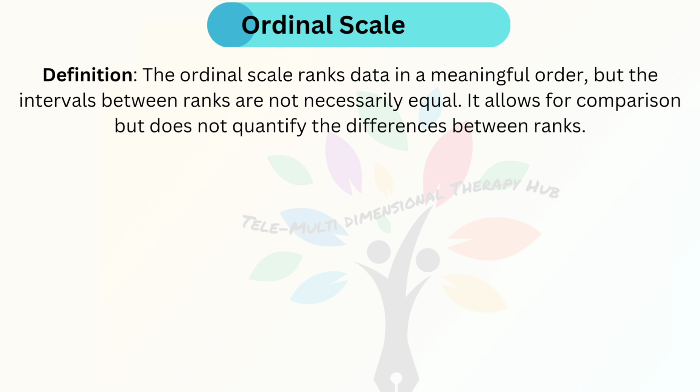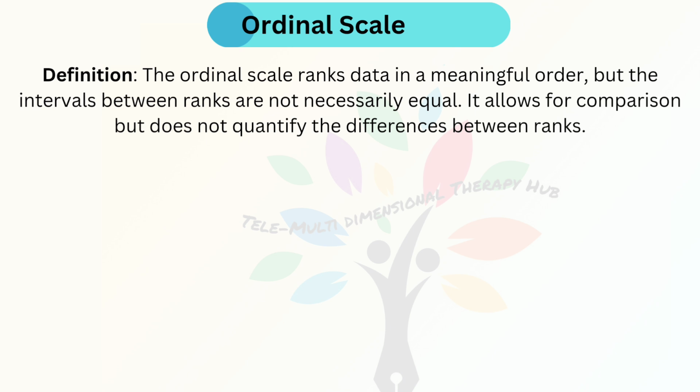The next is ordinal scale. So what is ordinal scale? The ordinal scale ranks data in a meaningful order, but the intervals between ranks are not necessarily equal. It allows for comparison but doesn't quantify the differences between ranks. In simple words, ordinal scale is used to rank things in a specific order like first, second, third.